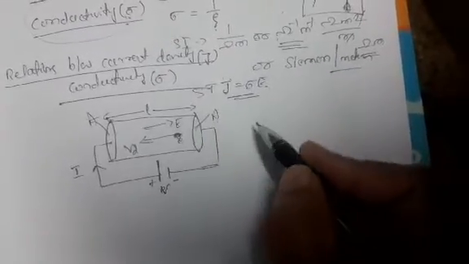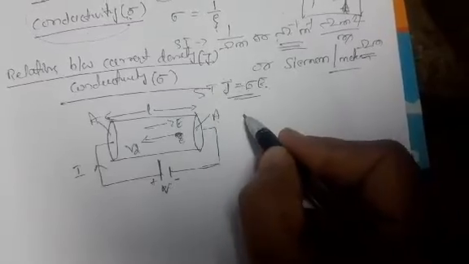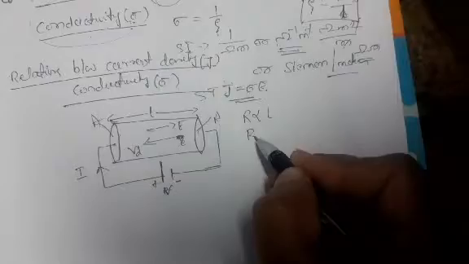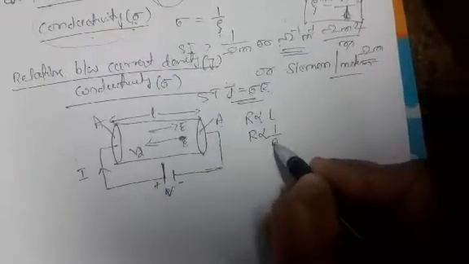The resistance of a conductor is directly proportional to length and inversely proportional to area.